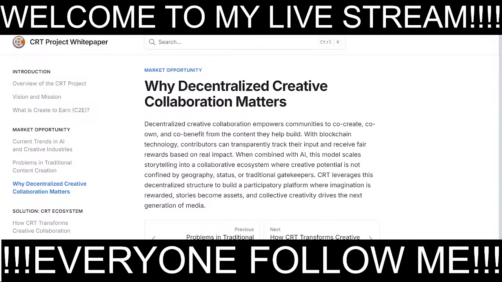When combined with AI, this model scales storytelling into a collaborative ecosystem where creative potential is not confined by geography, status, or traditional gatekeepers.